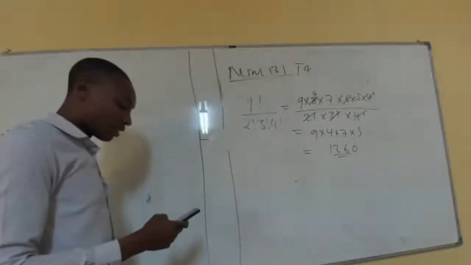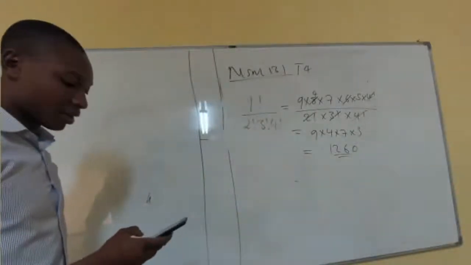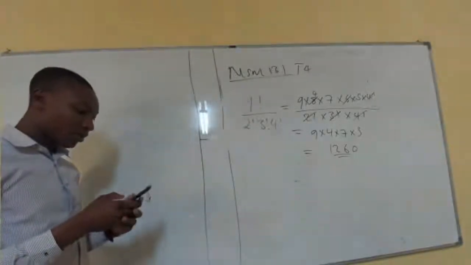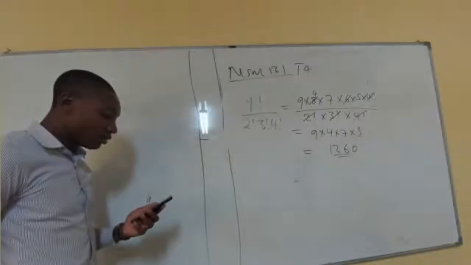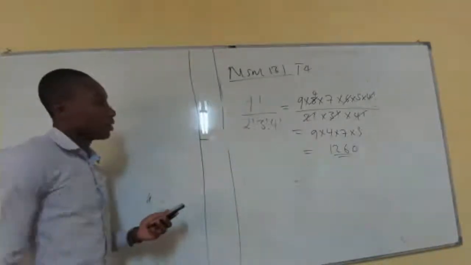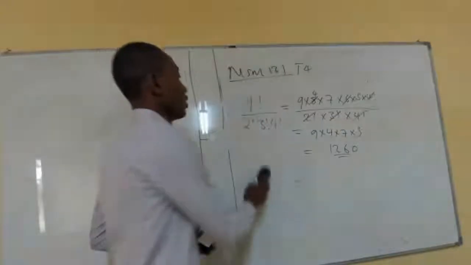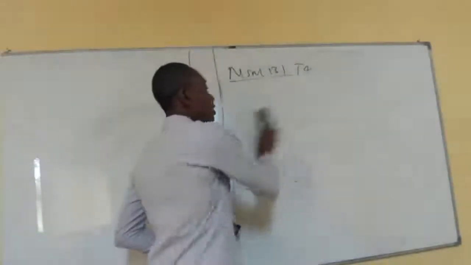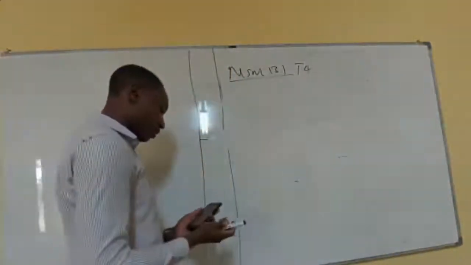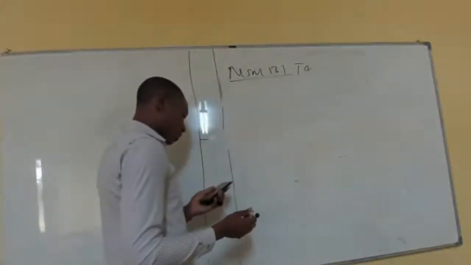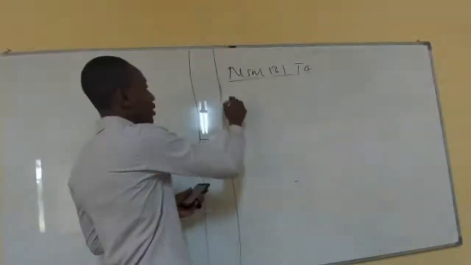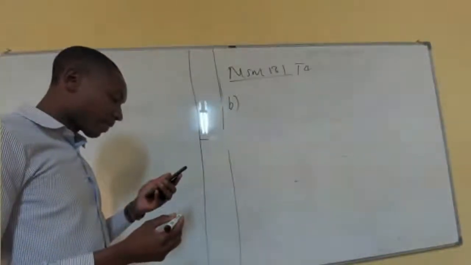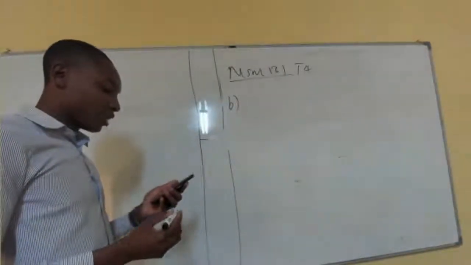Alright, so let's look at B. B says, write the following in factorial form.